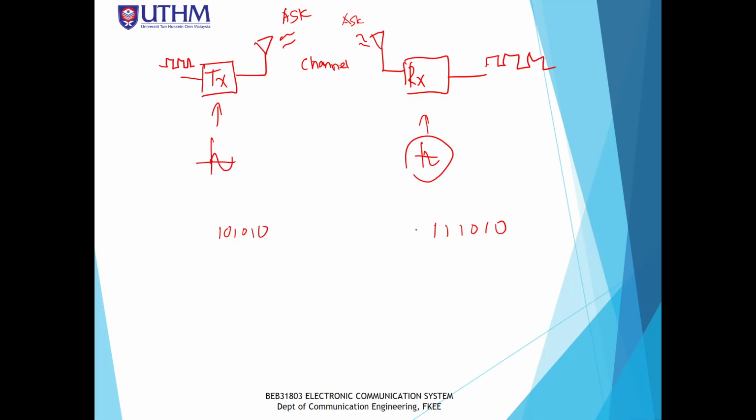This is an example of a bit error produced by the receiver. And we have the parameter probability of bit error, which shows how much is the probability that the receiver will make an error.